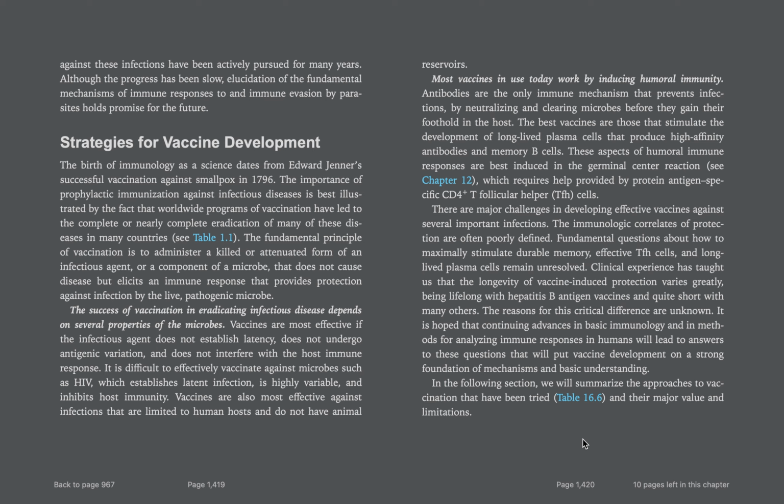It is hoped that continuing advances in basic immunology and methods for analyzing immune responses in humans will lead to answers to this question that will put vaccine development on a strong foundation of mechanism and understanding. In the following section, we will illustrate the approaches to vaccination that have been tried and their major value and limitations.